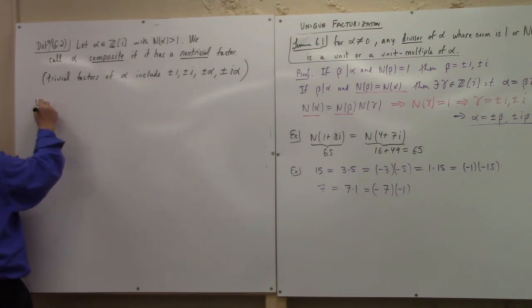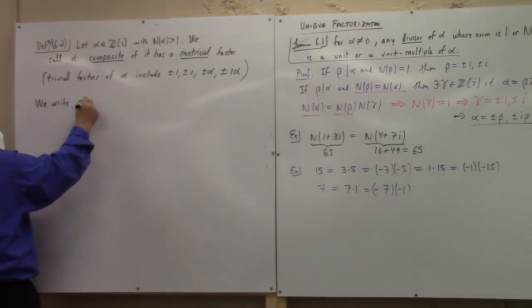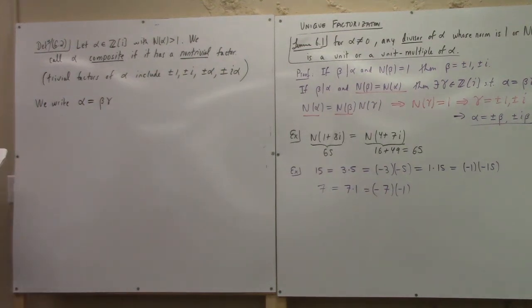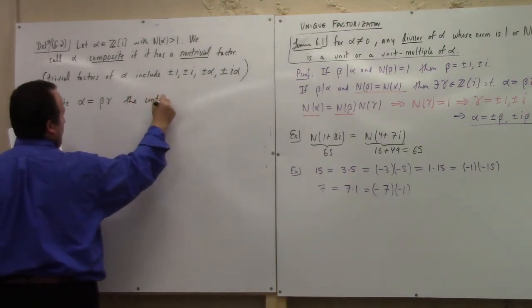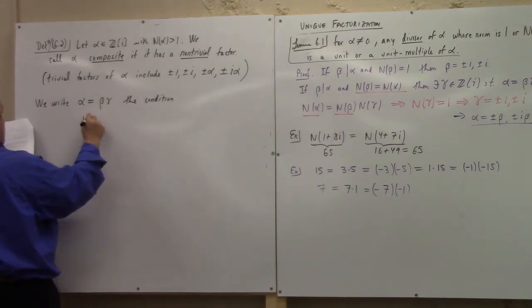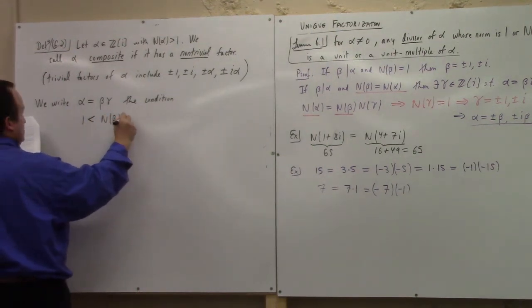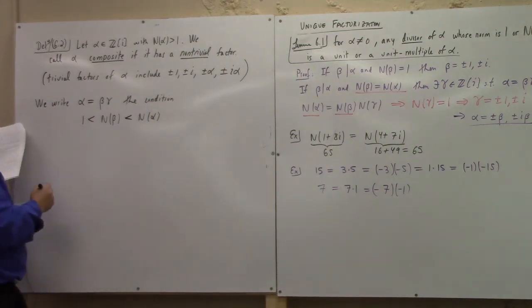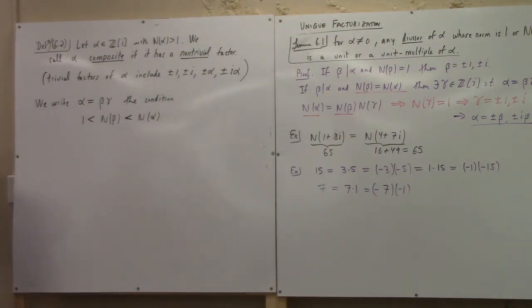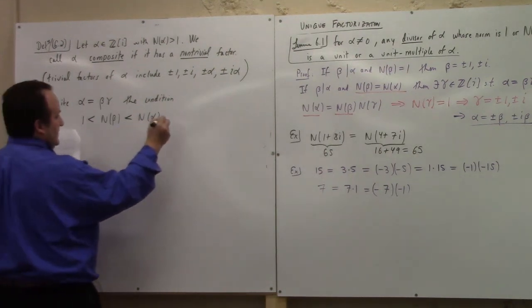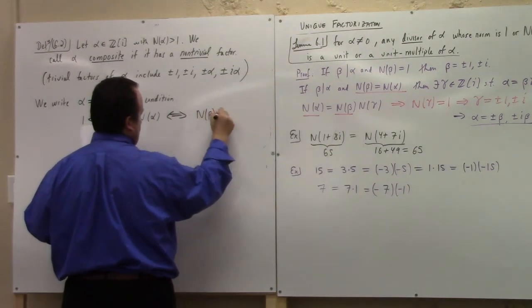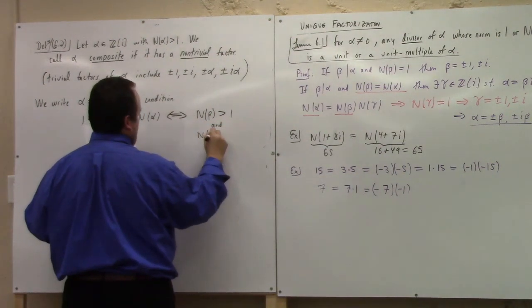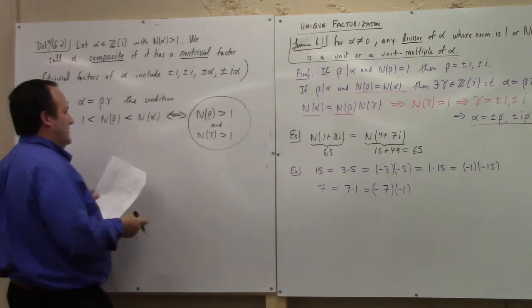So he says if we write alpha equals beta gamma, then the condition 1 less than n of beta less than n of alpha is equivalent, or can be interchanged with, and this is the way I think about it, n of beta greater than 1 and n of gamma greater than 1. This right here is, I think, a key way to think about it.